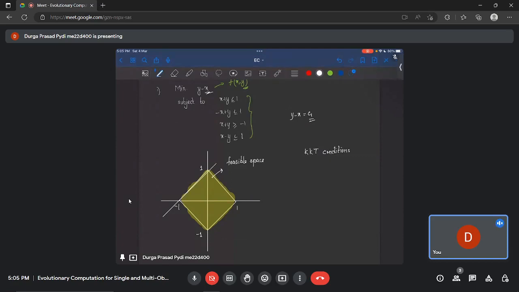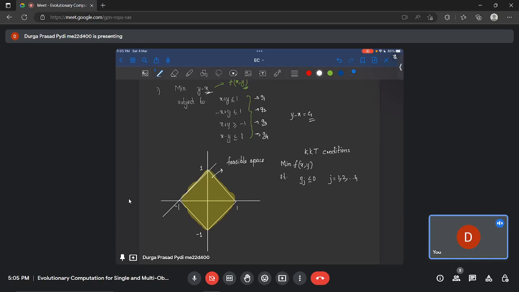I have my original problem f of x, y that I need to minimize, subject to some constraints. Here we have, let's say, Gj less than or equal to 0, where j equal to, in our particular case, 1, 2, 3, 4. These are the 4 conditions: G1, G2, G3, G4.